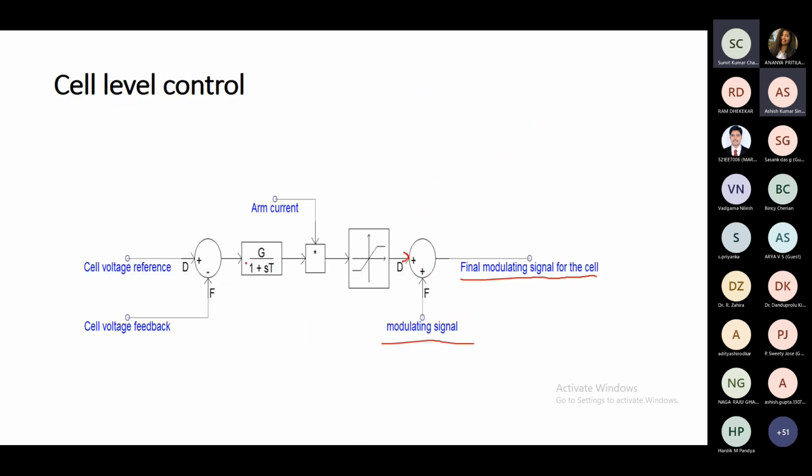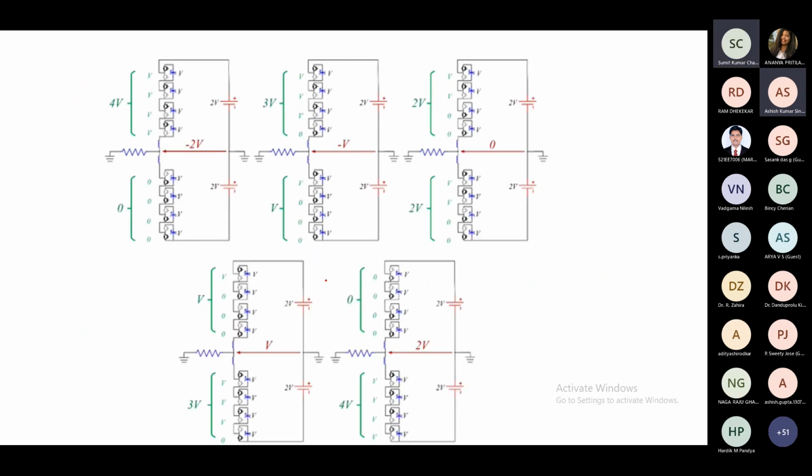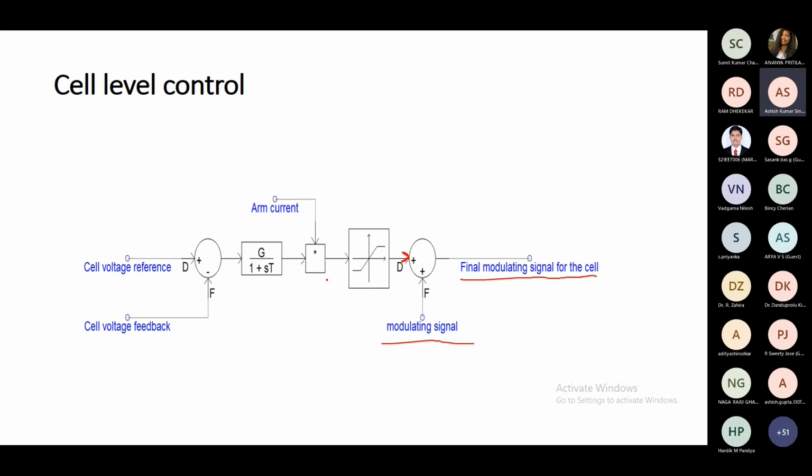So as a whole, if we are adding something to one given cell from this PI controller, we have to subtract a similar amount of reference from another cell. So in an arm, the total voltage reference will not change. Okay. So this is a distributed control at cell level.